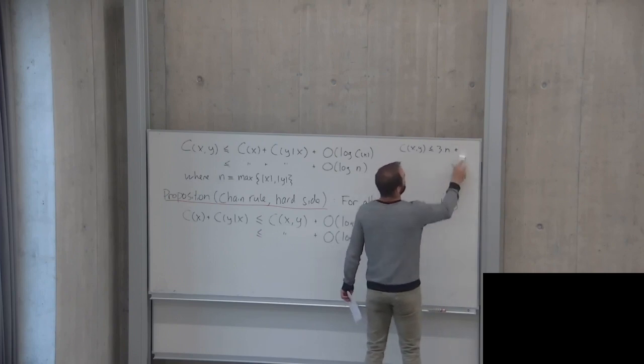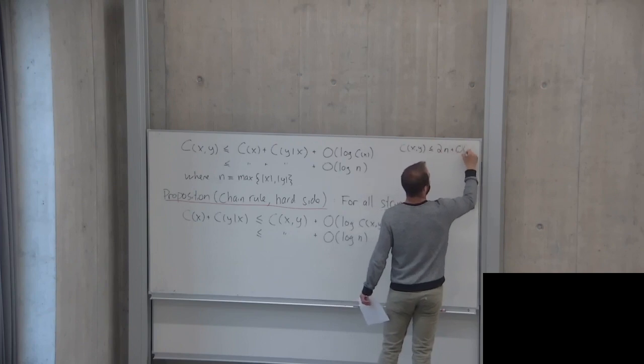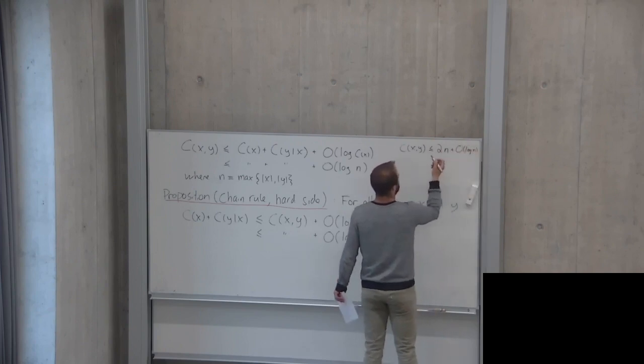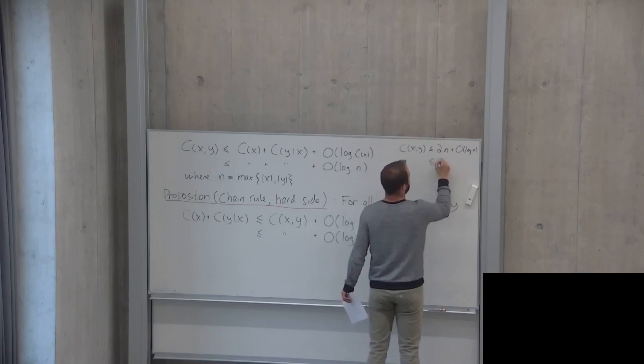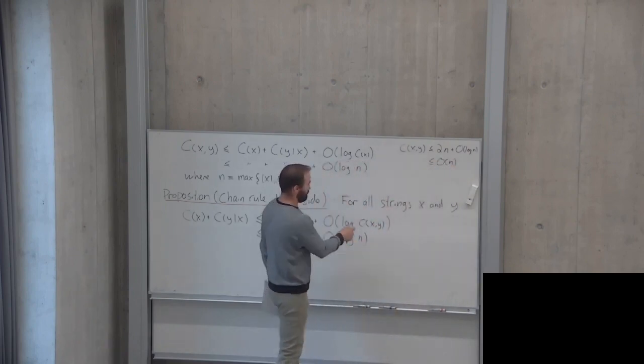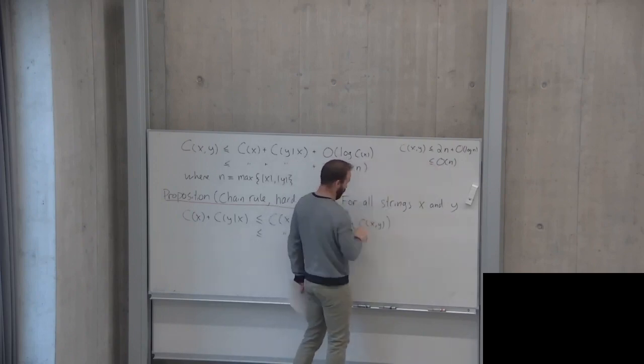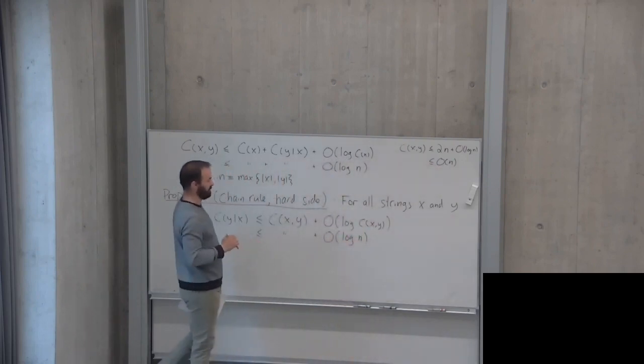I say 3n, really it's like 2n plus O of log n, but then this is just O of n. I'm absorbing this all into O of n. So C of xy is O of n, and so I can take it like this.